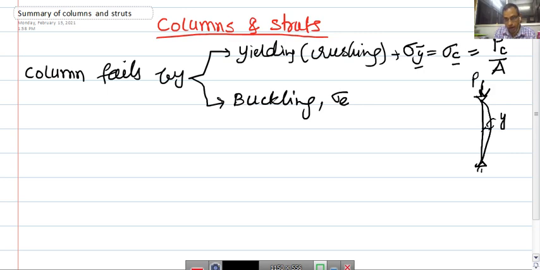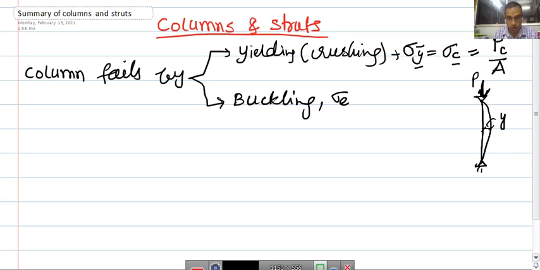That phenomenon we call buckling, although the load is axial. So, what is the difference between buckling and bending? Buckling is axial load with lateral deformation. Bending is lateral load with lateral deformation. This is the difference between buckling and bending.